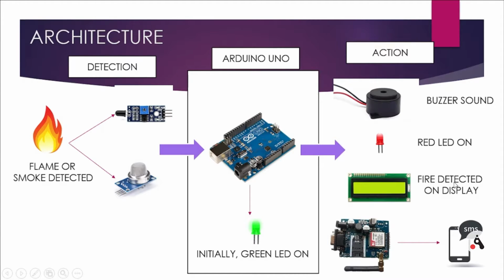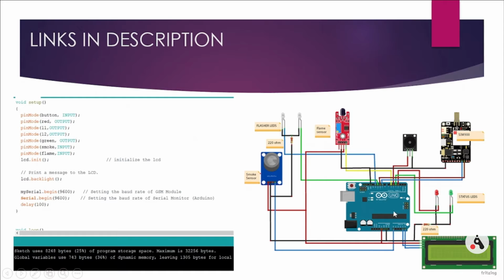The fire detection is displayed on the LCD display, like fire high or smoke high, according to the source. Basically, if we have detected the fire using the smoke sensor, it shows smoke high. If it is detected using the flame sensor, we can see fire high or low accordingly.